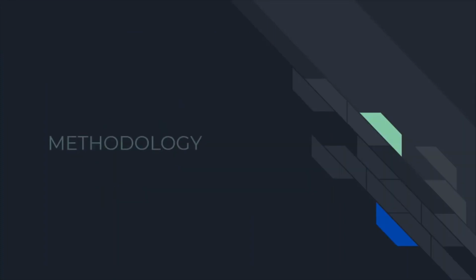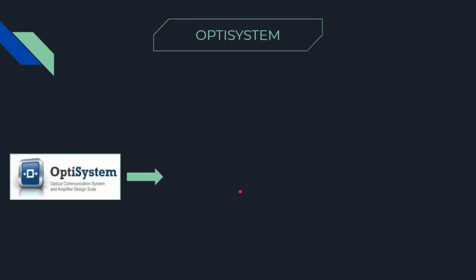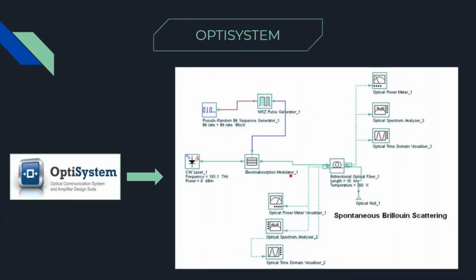The method that I use to design this BOTDR fiber optic sensor is the optic system, which is simulation software. In order to design the BOTDR optical fiber sensor, it needs a configuration to create it, and this is the configuration that I use.